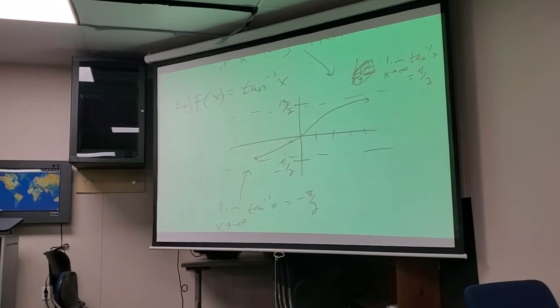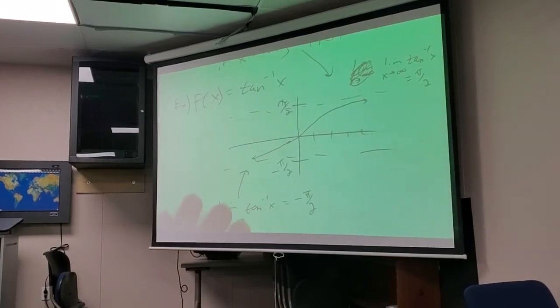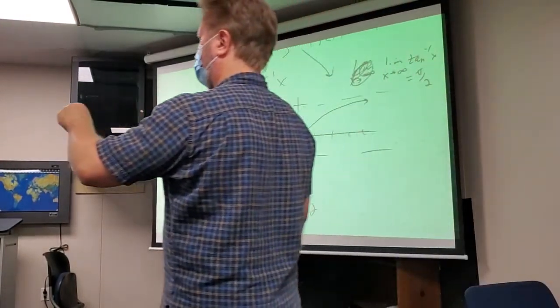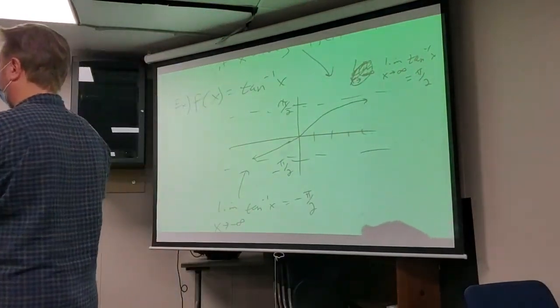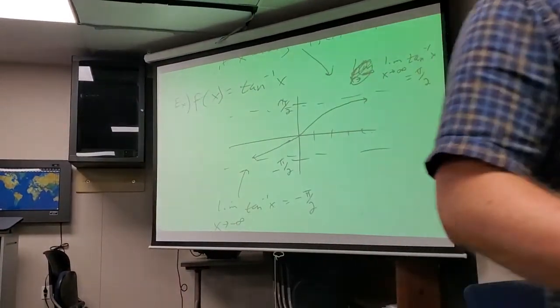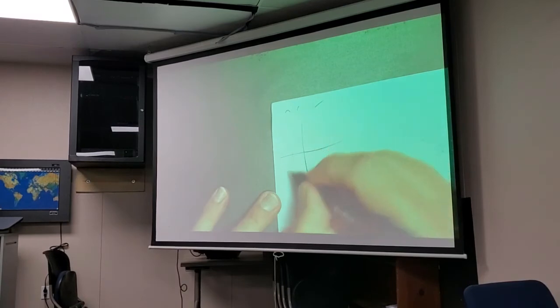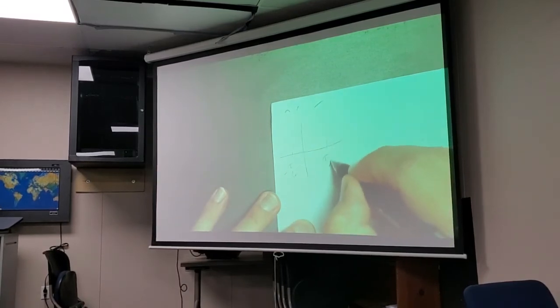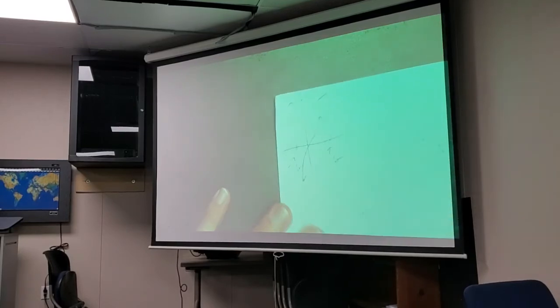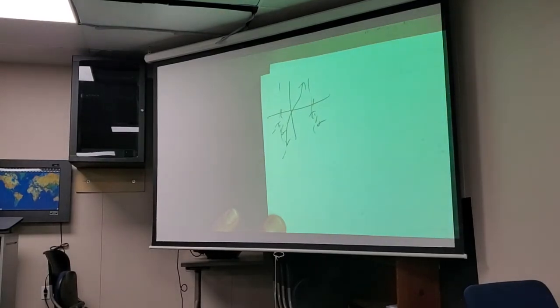Can you explain how you get the pi over 2? What's tangent of pi over 2? Think about it. Tangent is, of course, between negative pi over 2 and pi over 2. You've got to remember this. That is a really rough sketch of tangent.